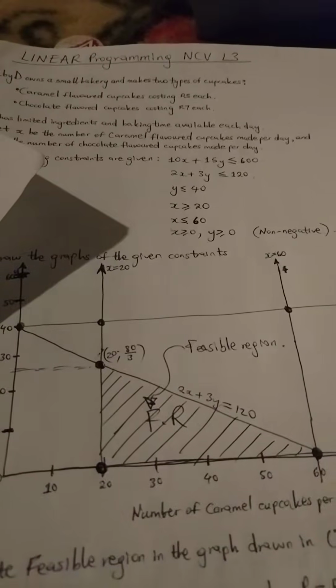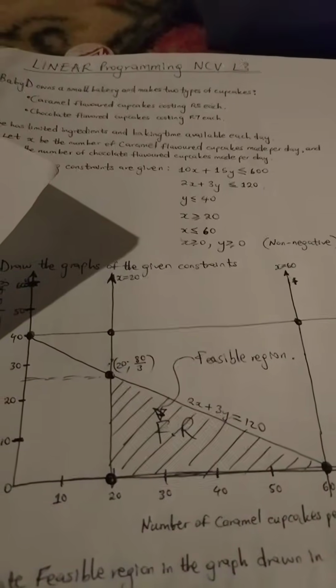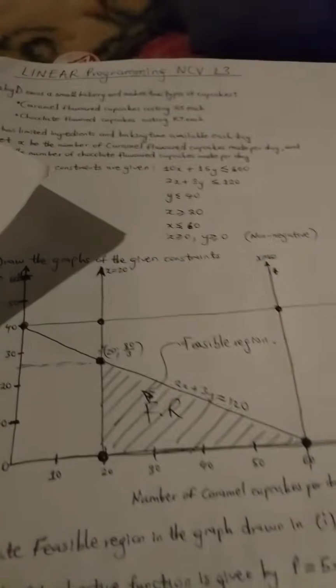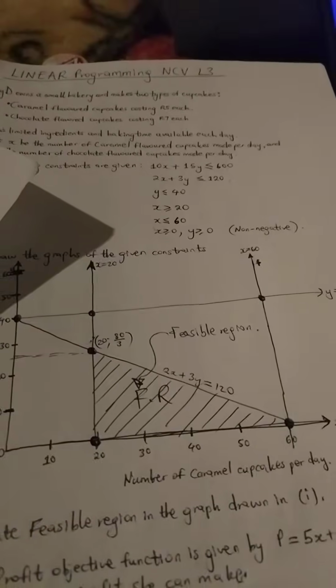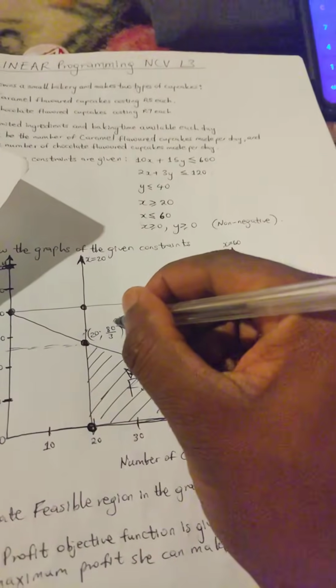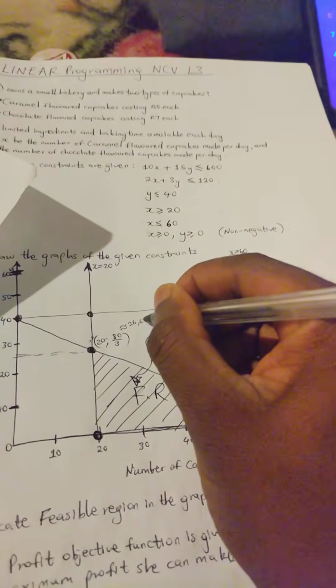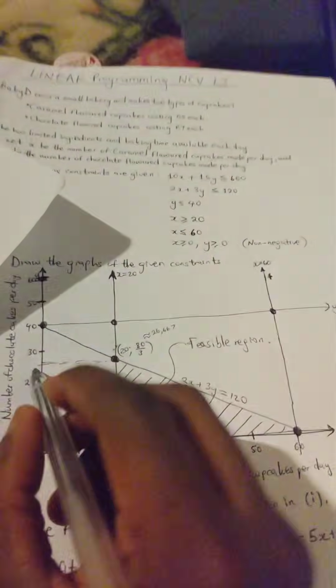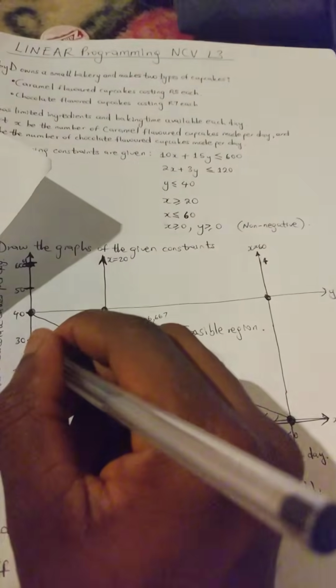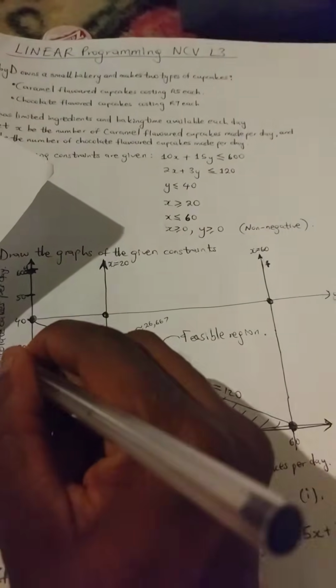This would be 80 divided by 3, somewhere around 26,667. So this is approximately 26,667, which makes sense below, because even here on the graph it is less than 28 this way.